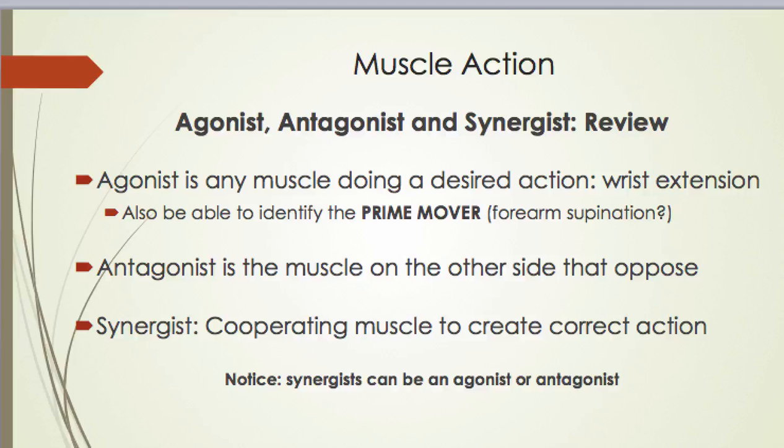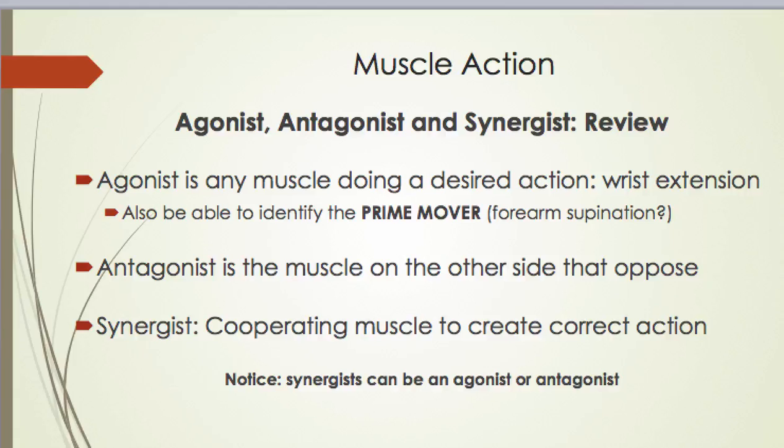All right. So in our course, we're going to talk mostly about what the prime mover is. What is the prime mover for wrist extension? Well, it's the pair of the extensor carpi radialis and the extensor carpi ulnaris. Right. So what is the prime mover for forearm supination? Think about that a minute. What are the muscles that cause forearm supination?